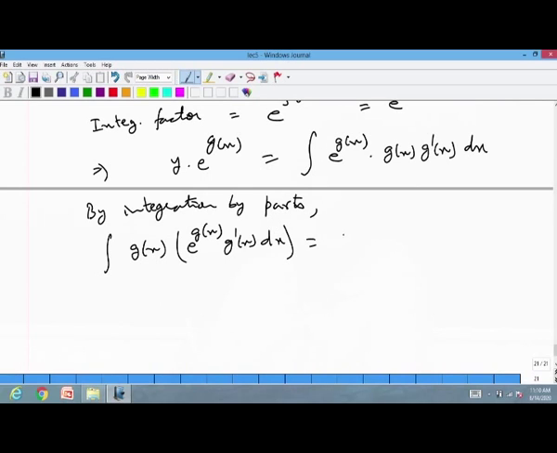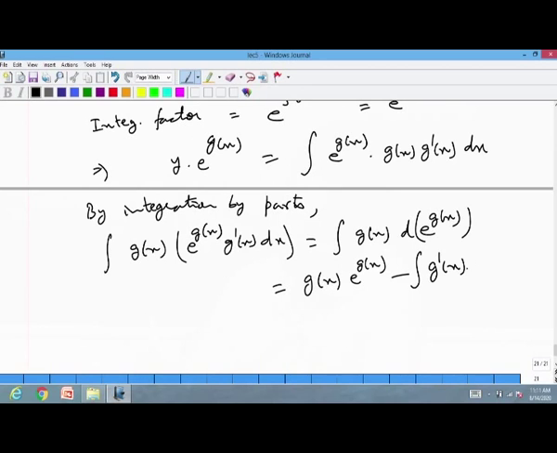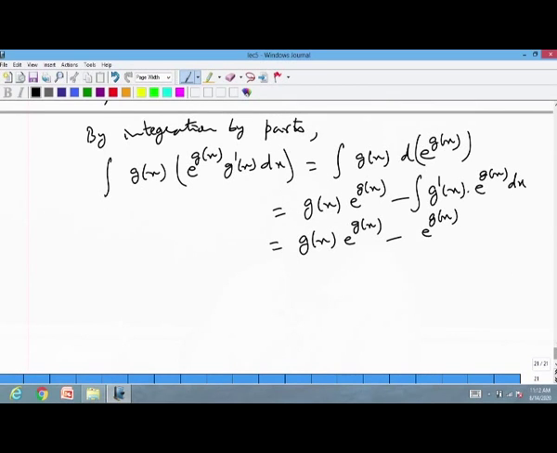This is equal to integral of g(x) times d of e to the power g(x), and then by integration by parts, this is equal to g(x) times e to the power g(x) minus integral of g'(x) times e to the g(x) dx, which is equal to g(x) e to the power g(x) minus, this is nothing but the derivative of e to the power g(x). So, this gives e to the g(x) plus c.